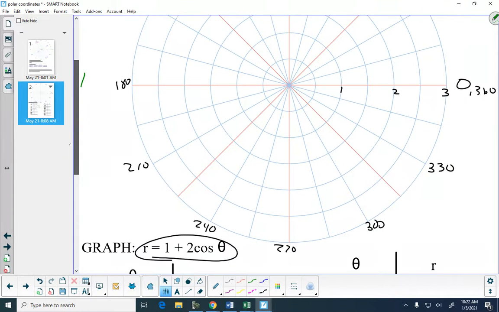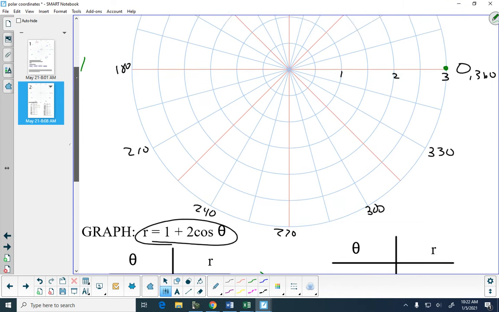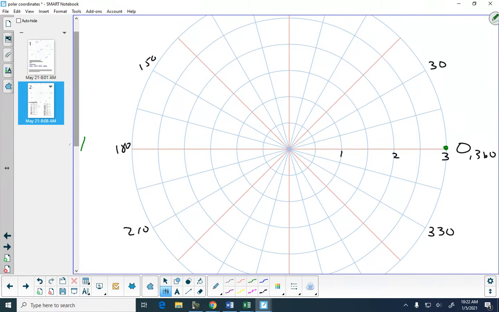So when I'm at 0 degrees, I'm at 3. When I'm at 30 degrees, I'm at 2.7. So this is 2.5 here. So at 30 degrees, I'm at 2.7. So create the rest of your r values, plot the points, but do not connect them together yet. So go ahead, find your r values and plot the ordered pairs.